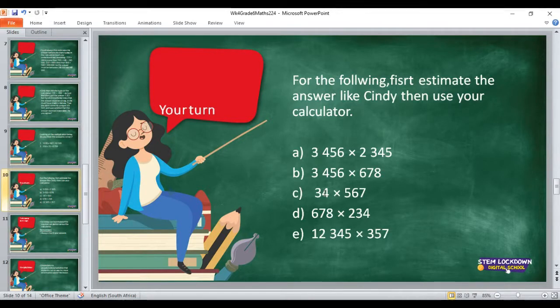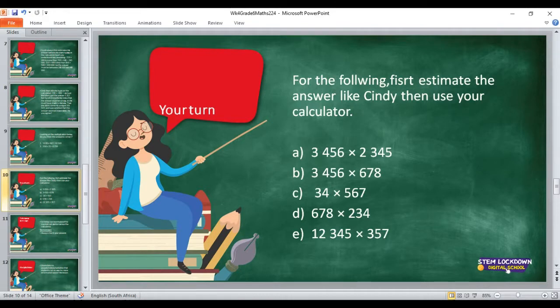All right, okay, I think your answer was because you wrote E. So the answer was for C, basically. You first estimated 19,000, and then you gave 19,278, which is correct for C.